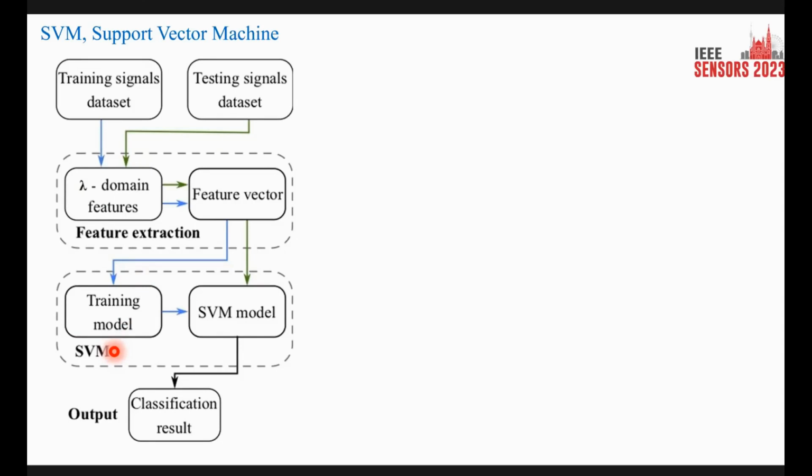So each of these will be one class. And then when we have the signal that we are now measuring, the feature vector is obtained again, and then introduced into this model. And then it will classify, it will identify in which of these groups or classes it actually fits.